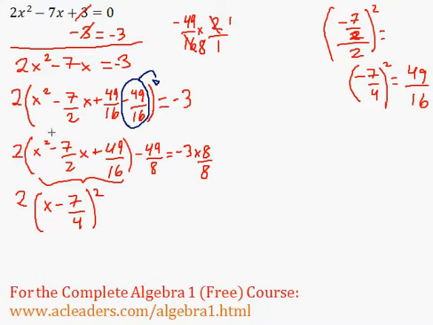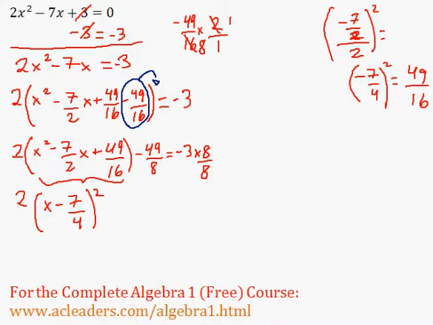Because whenever we have a perfect square trinomial, I can just take the middle term and divide it by 2 to get this element over here. And negative 7 over 2 divided by 2 is just 7 over 4, just like explained over here, right? Okay, so at this point, I will actually add 49 over 8 to both sides of the equation.